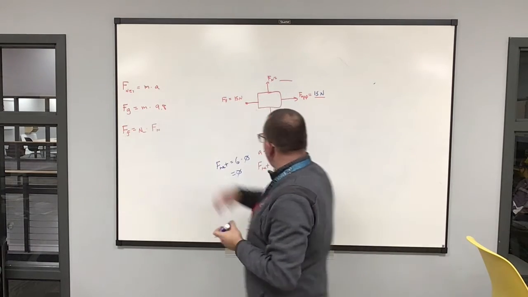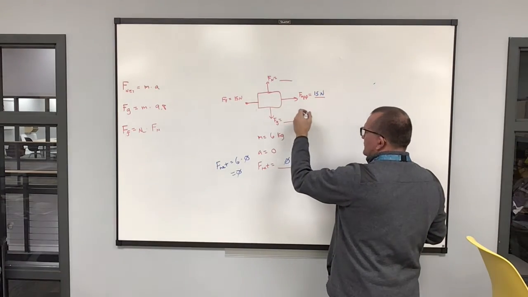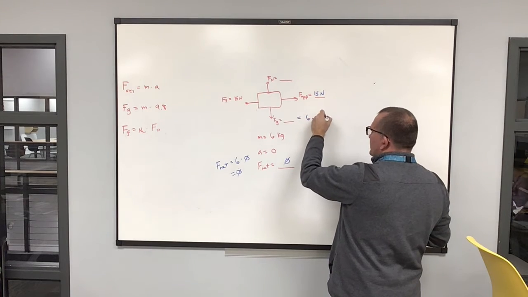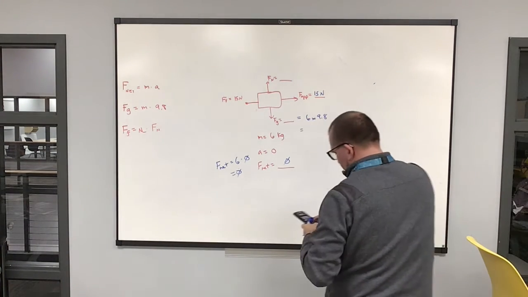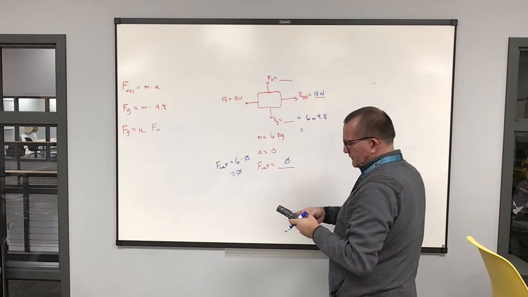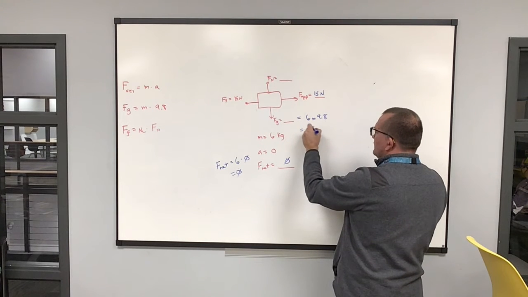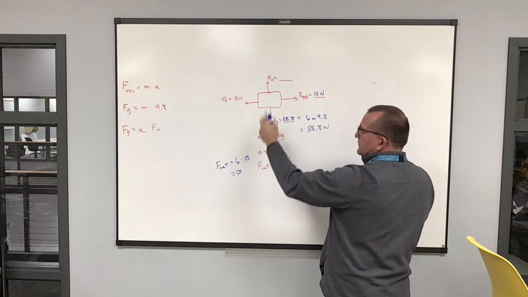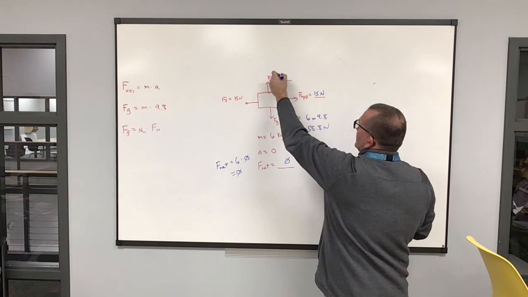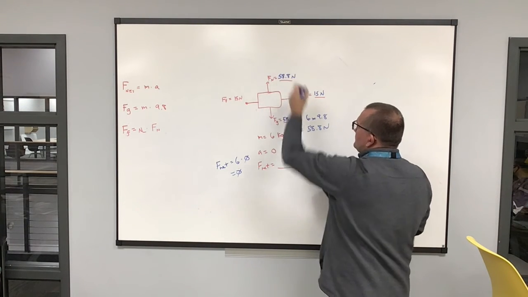It's mass times 9.8. So this is going to be 6 times 9.8, and I get 58.8 newtons. And since we're all balanced, my normal force is also 58.8 newtons.